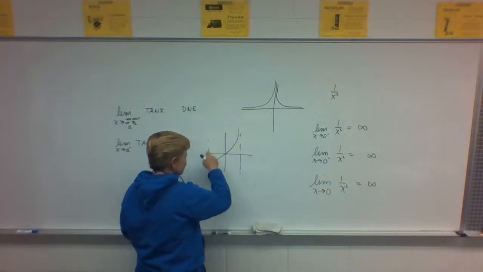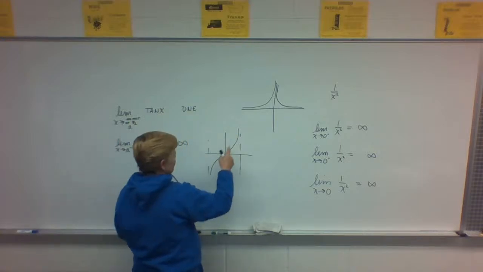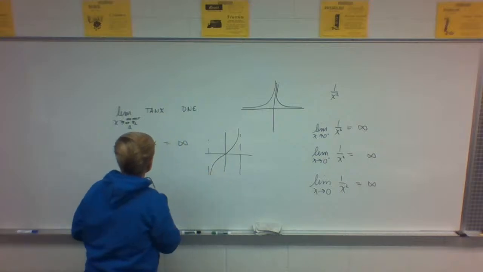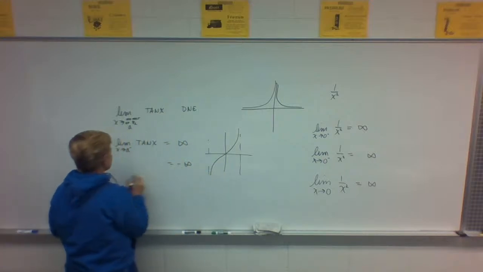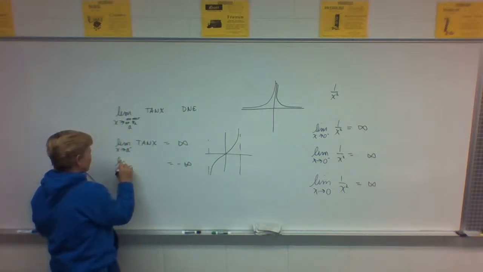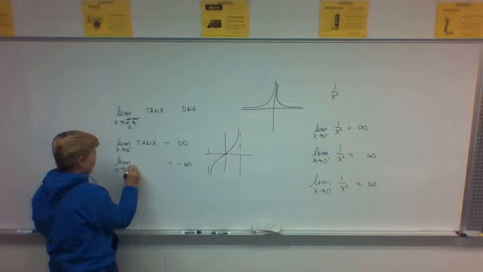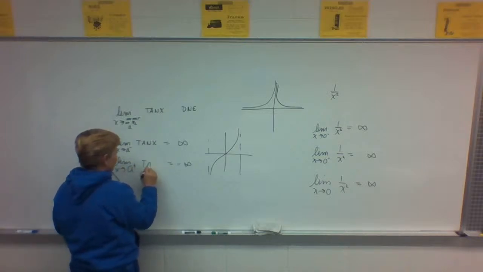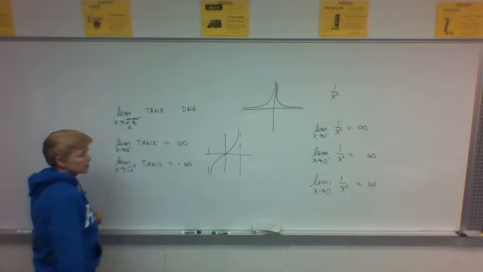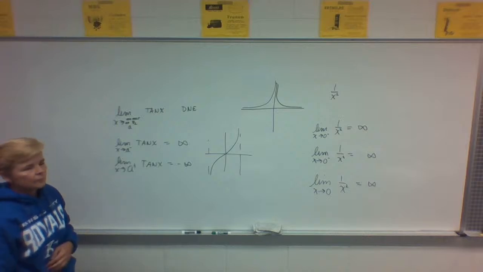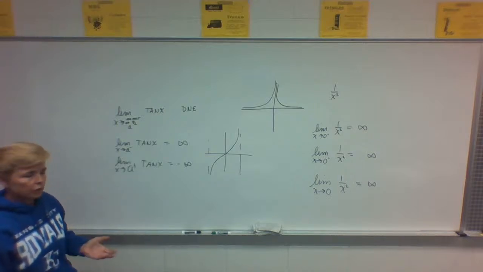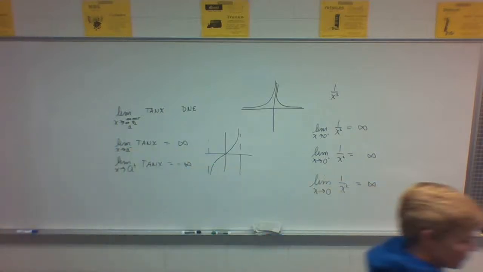If we come in towards one of these other asymptotes, and there's millions of them, from the right, you get negative infinity. Which is why this doesn't exist. Okay? We good? Not too bad.